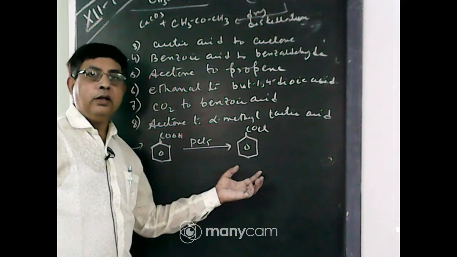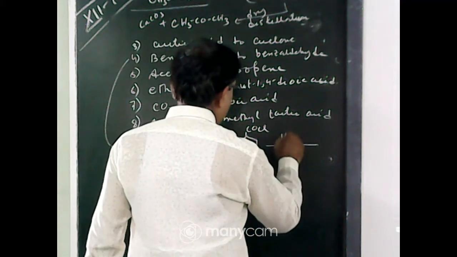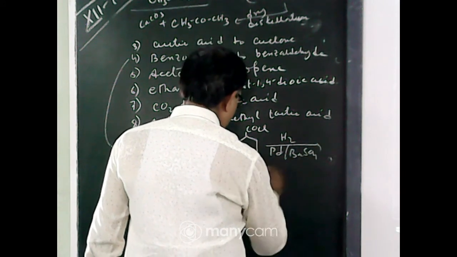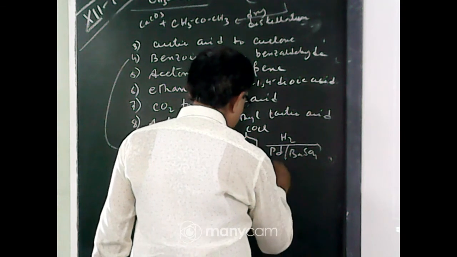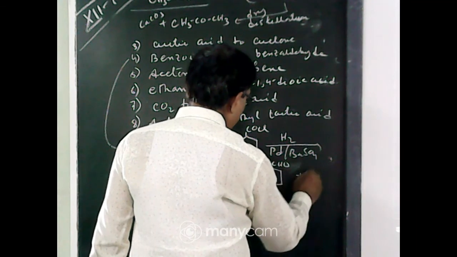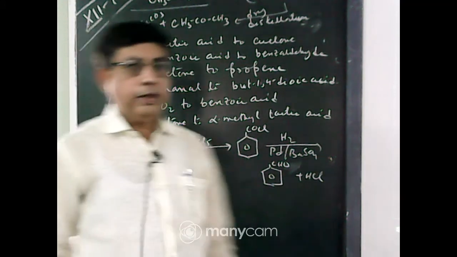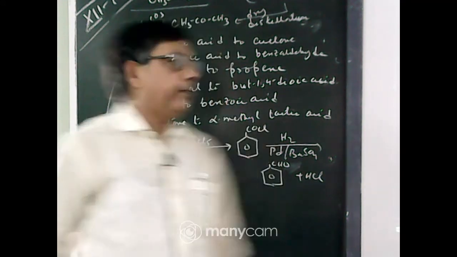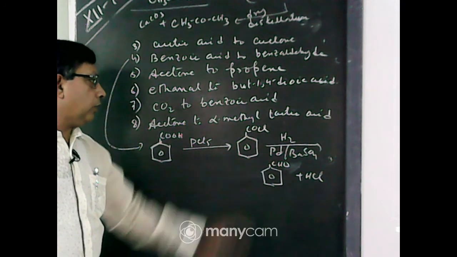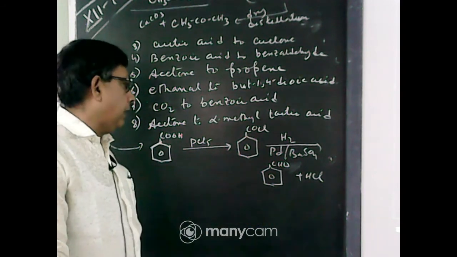This is the acid chloride, so it undergoes Rosenmund reduction: hydrogen gas in presence of Pd/BaSO4. The product is benzaldehyde, benzene ring CHO plus HCl. So you take benzoic acid, react with PCl5 to form benzoyl chloride, C6H5COCl. This benzoyl chloride on reduction with hydrogen and Pd/BaSO4 gives benzaldehyde.